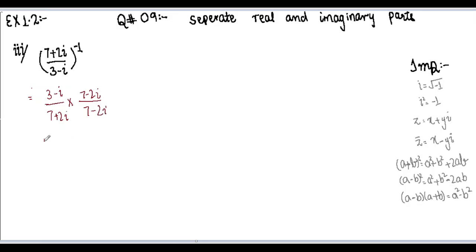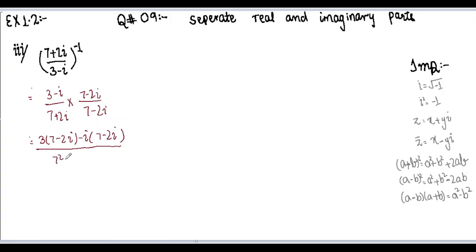Now here we get 3 minus iota divided by 7 plus 2 iota into 7 minus 2 iota over 7 minus 2 iota. I made a mistake, it becomes 3 into 7 minus 2 iota minus iota into 7 minus 2 iota, divided by 7 plus 2 iota into 7 minus 2 iota, a plus b into a minus b, and we get a square minus b square, where a is 7 and b is 2 iota.